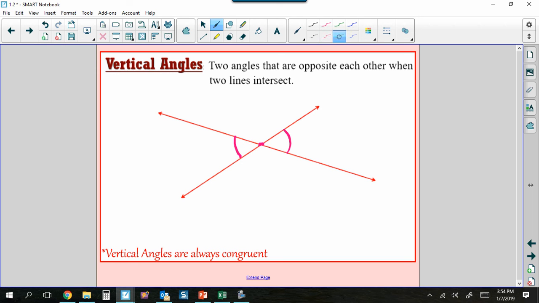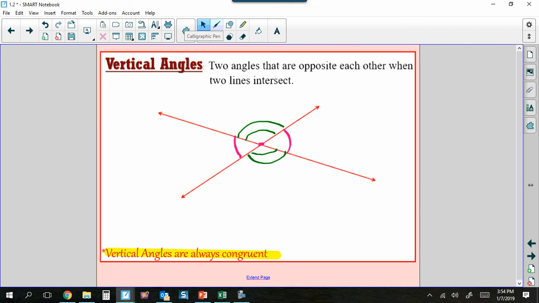And then you have this pair here. What you need to understand with vertical angles is they're always congruent. Congruent meaning they are the same exact measurement.